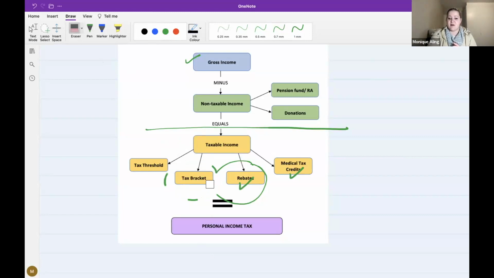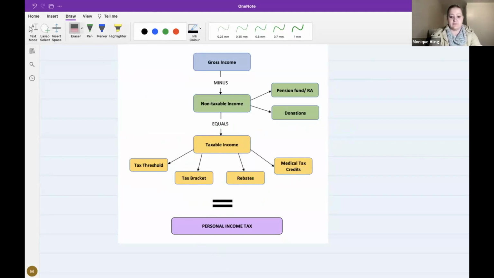So hopefully everyone remembers this. Can anyone tell me what a rebate is? What is a rebate? Anyone?